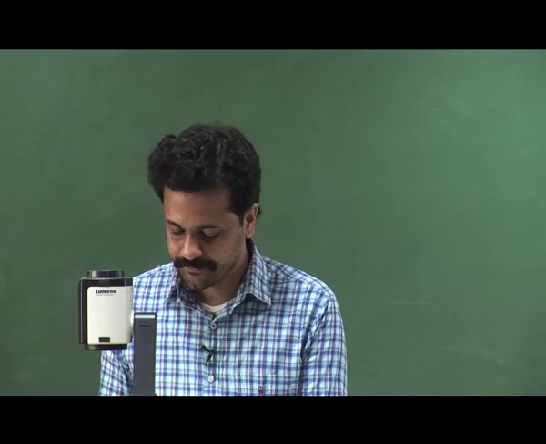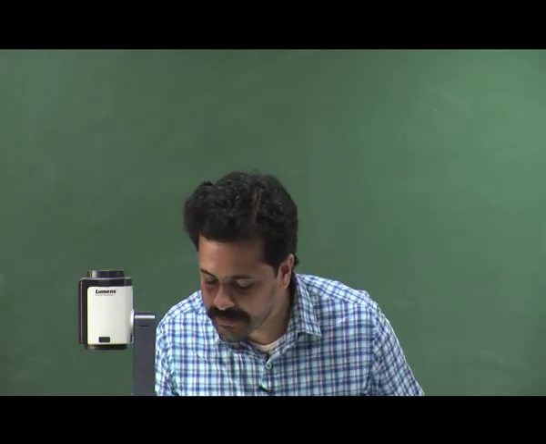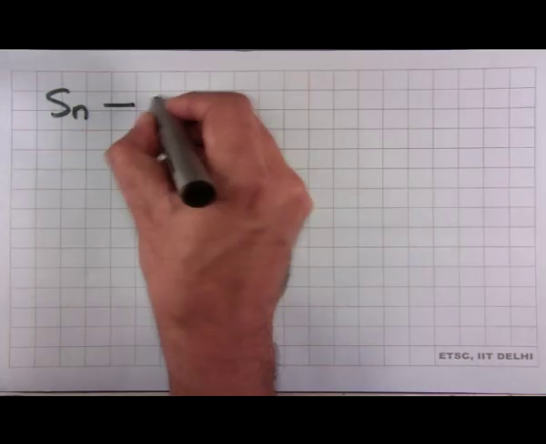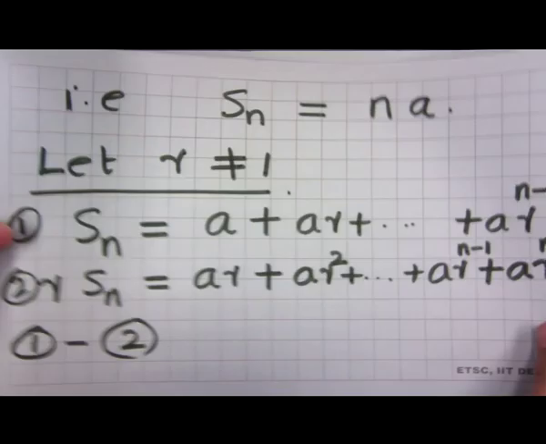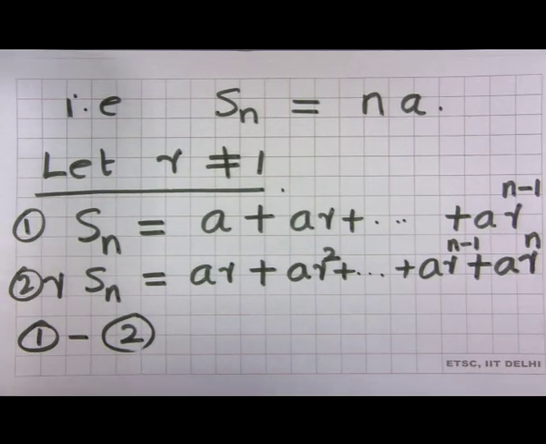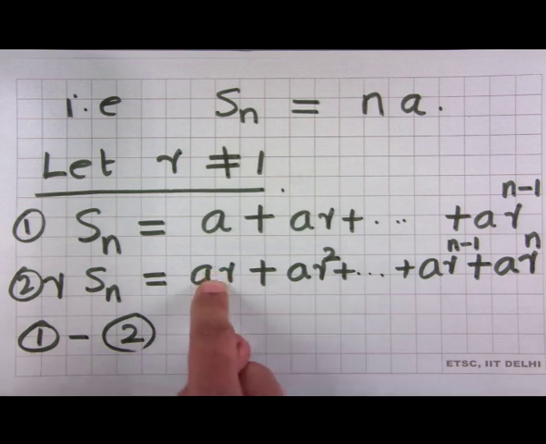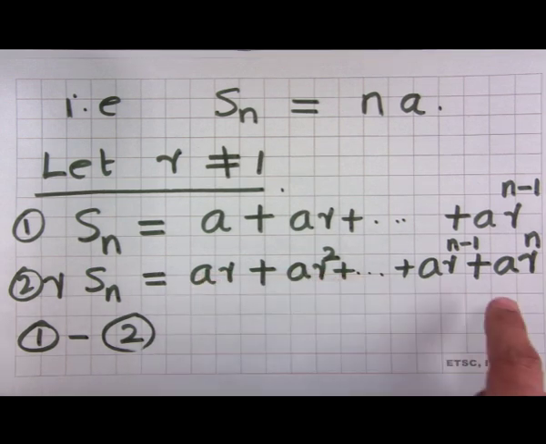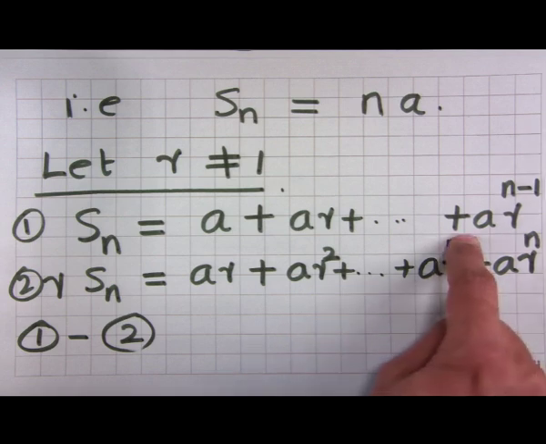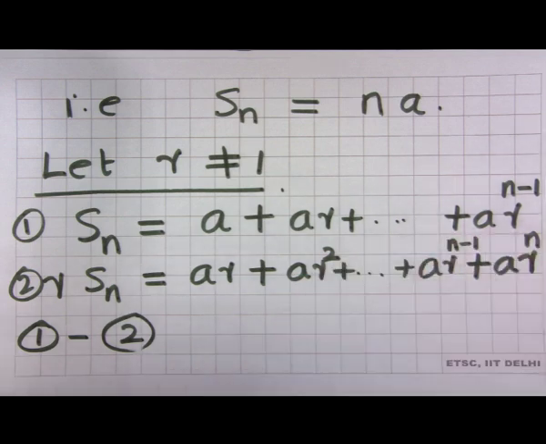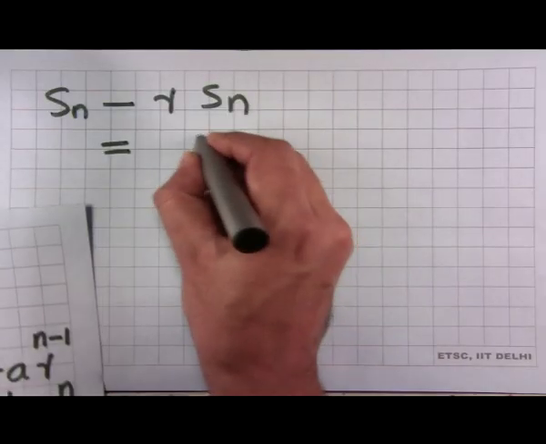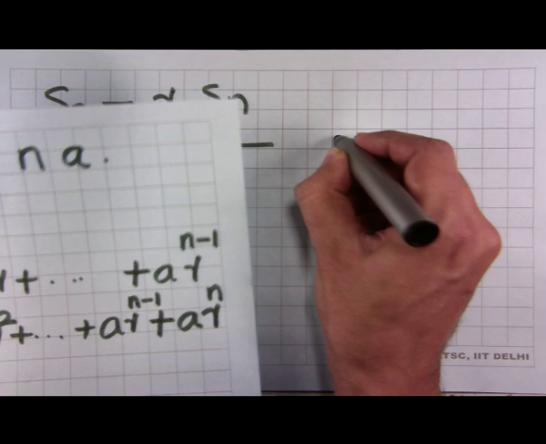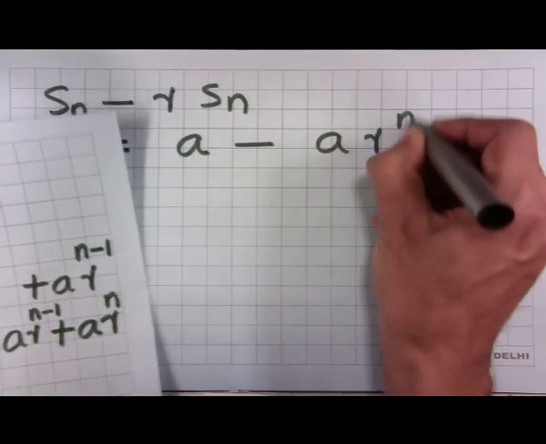That yields Sn minus r Sn equal to, see that the terms ar, ar square etc. up to ar power n minus 1 cancel in this subtraction process. We end with a minus a r power n.